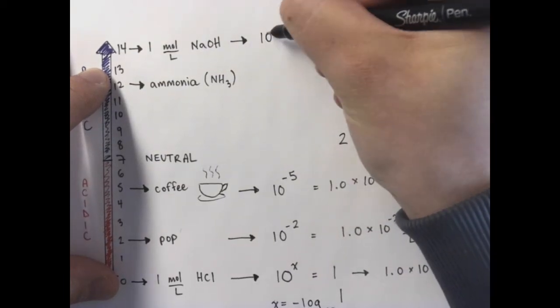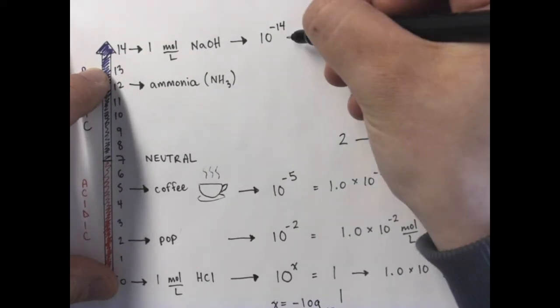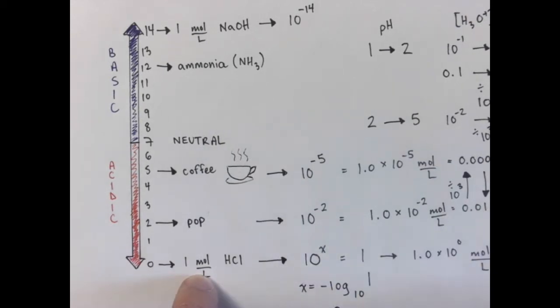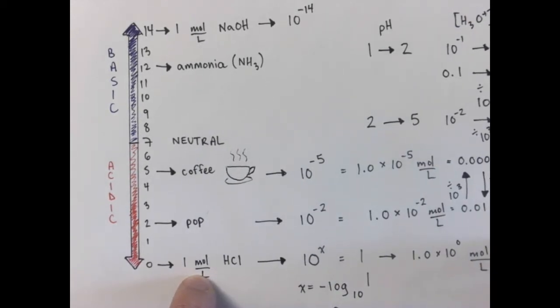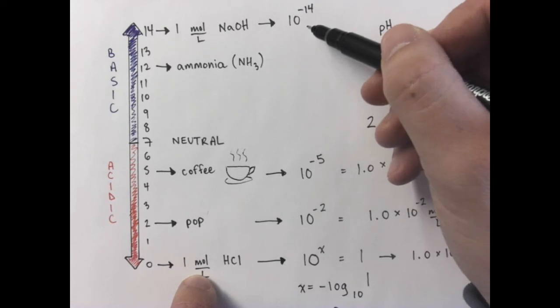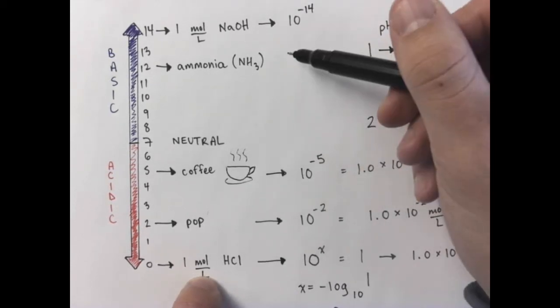Well, its hydronium concentration would be 10 to the negative 14. It's really, really tiny. So 1 molar hydrochloric acid has 10 to the 14 times more hydronium ions than 1 molar sodium hydroxide. So it's quite a big range there.